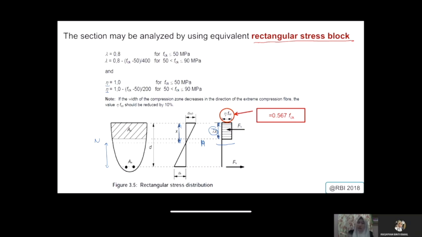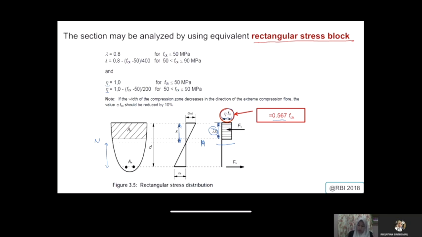In general, mu is used to multiply with your concrete strength, which is calculated as 0.567 fck. If the concrete strength is lesser than 50, then your mu is 1.0, so it will remain 0.567 fck.